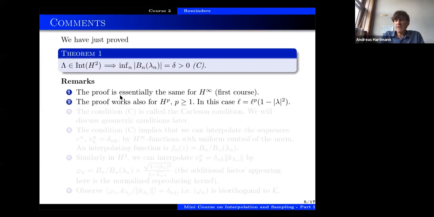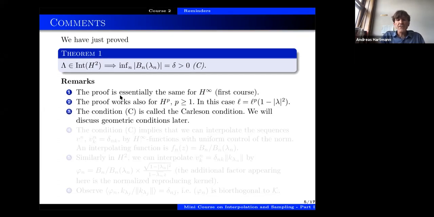So yesterday, Javad said, what about the other cases, p? And he's right asking this question. If you have a reproducing kernel space, often you have p versions, and so then you can copy some of the techniques from the H2 case to the more general p case, p in general strictly between 1 and infinity, because there can be some things happening for p equals 1 and infinity.